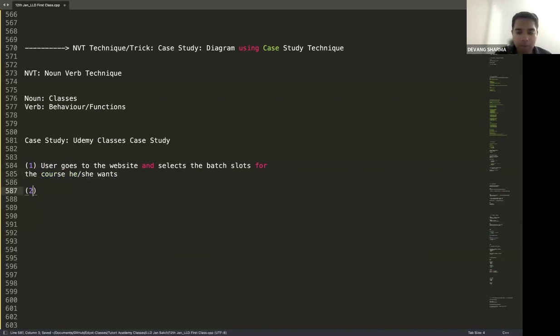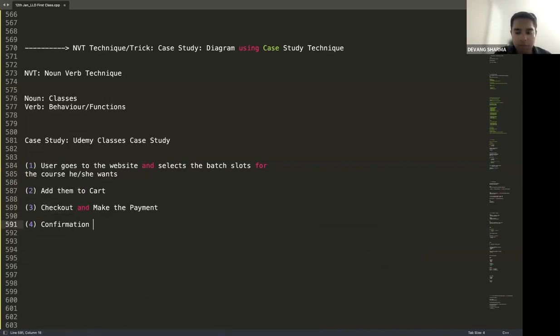Okay. Number two, they add them to the cart. Number three, they check out and make the payment. And number four, they get a confirmation of courses being enrolled.